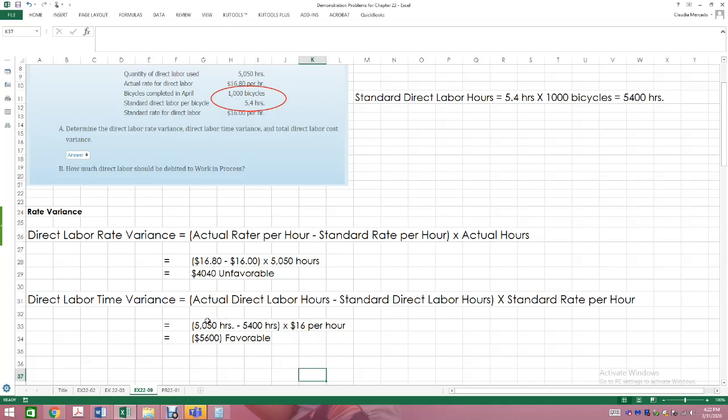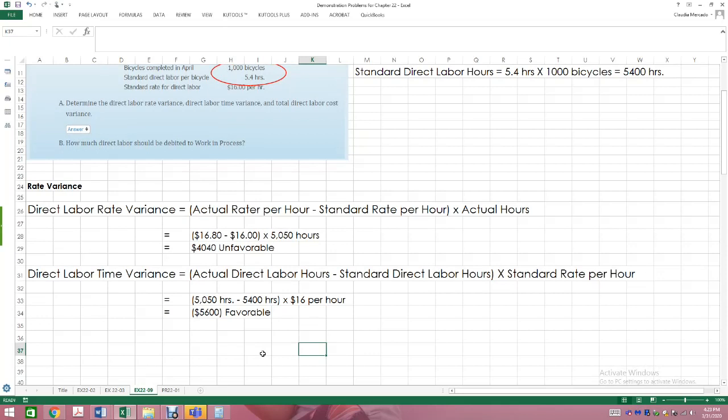In the top one, we had anticipated that we were going to pay $16 an hour when we ended up paying $16.80. We spent more than what we had anticipated. That is why it was unfavorable. So that is my second calculation.